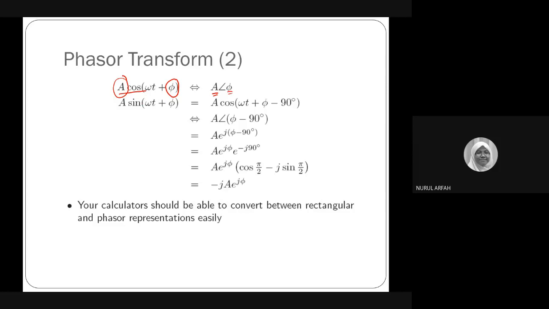And if you have the sine, you use this conversion, right? Cosine, and this is sine, and this is minus 90 degrees. So that's why you need to subtract 90 degrees from the phase. And from sine, you can convert it to cosine. Then the rest should be the same. This one and this one are the same.